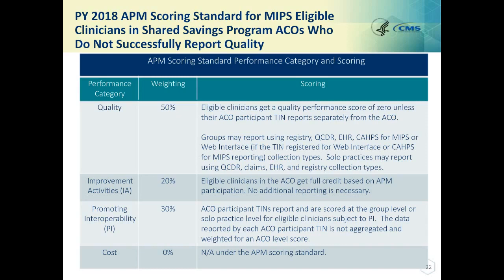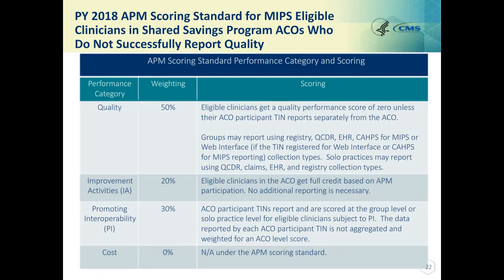For MIPS eligible clinicians in SSP ACOs, where the ACO does not successfully report on the quality performance category, the participant TINs in that SSP ACO may report quality instead, and in that case, scoring for the TIN under the APM scoring standard will fall to the TIN level.